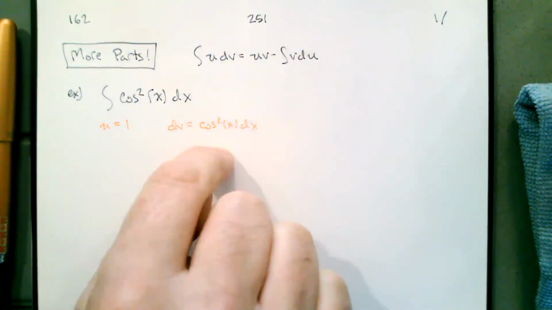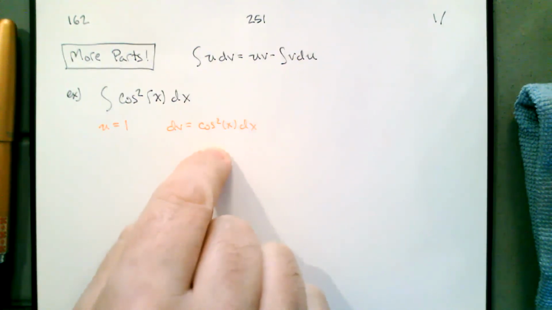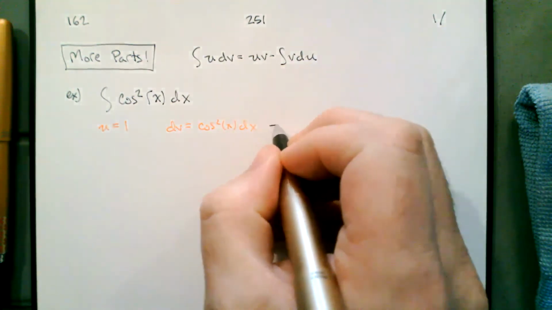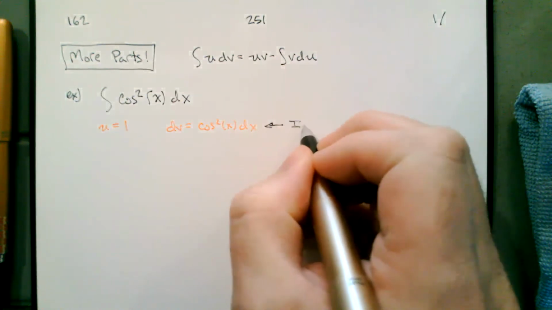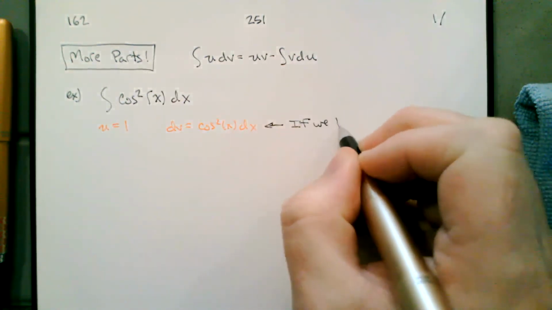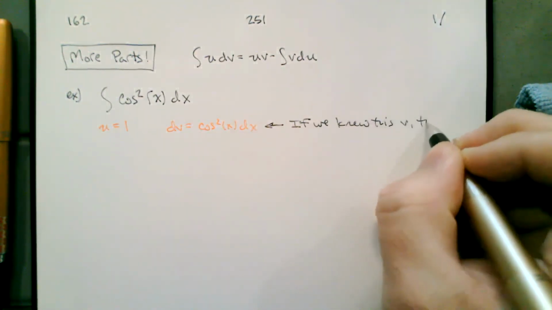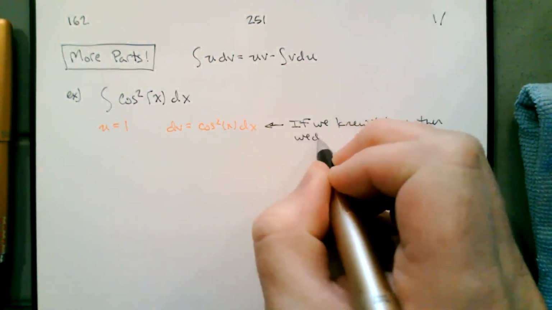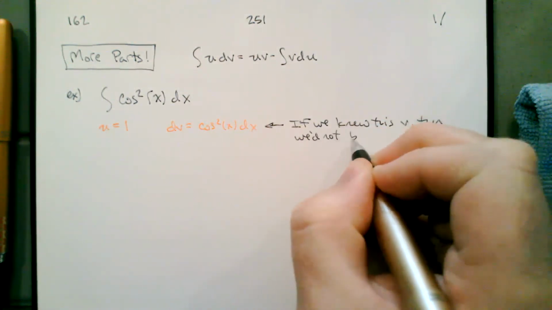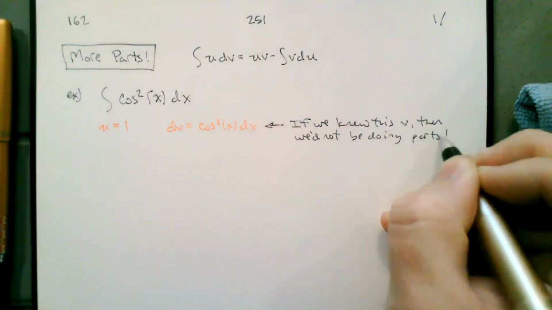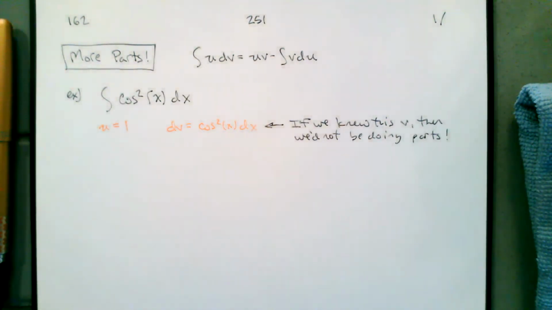I would just be writing down what the integral of cosine squared x is. So this won't work. If we knew what v is for this dv, then we'd not be doing parts. So that doesn't make any sense, to put all the cosines in the dv area.